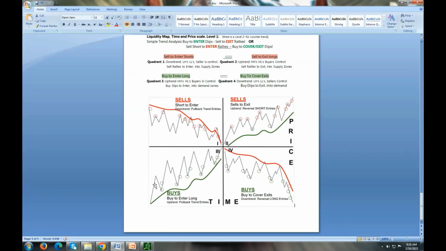Okay, but we have an uptrend stage two, right? So we want to be buying that pullback into support or demand in the context of an uptrend. Buy to enter long. And then to be taking profits, we have to have equal to or new highs. Okay, so you want to be selling out and scaling out when you get new high segments. Okay, we talked about that yesterday. So in this upper two quadrant, okay, notice we're still in an uptrend, but you see where these circles are placed?